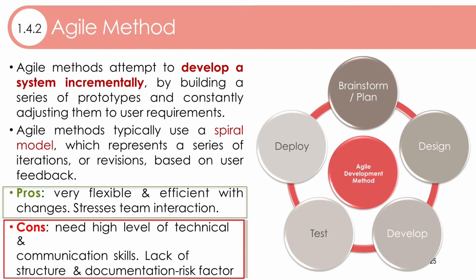The second method that we are going to discuss is the agile method. Agile method is a contrast to the structured method that we will discuss later. In agile method, it attempts to develop a system incrementally by building a series of prototypes and constantly adjusting them to users' requirements.